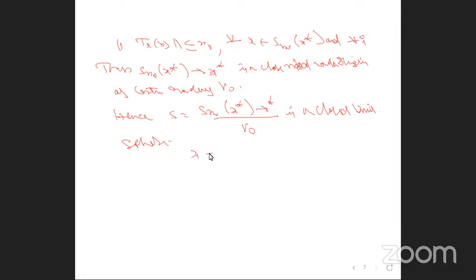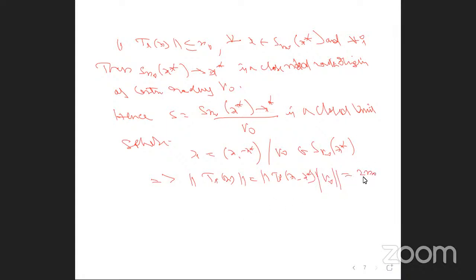This can be written as x equal to (x1 minus x star) divided by r naught, where x1 belongs to S(x star, r naught). This implies norm of T_i(x) equals norm of T_i(x1 minus x star) divided by r naught, which is less than or equal to 2 n naught by r naught for all i.